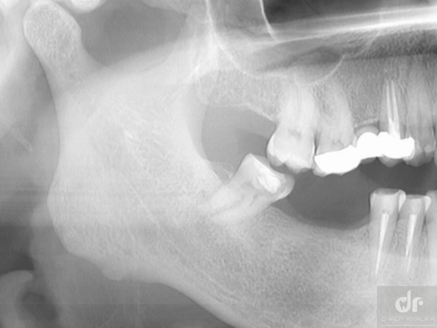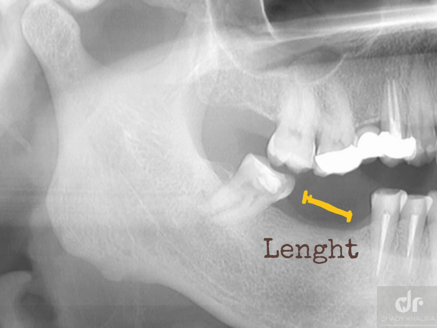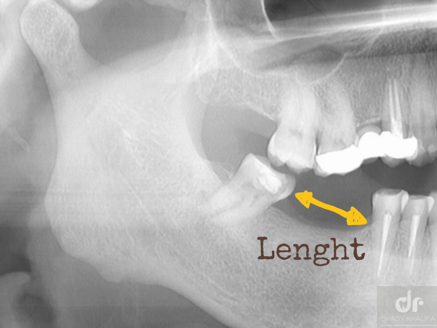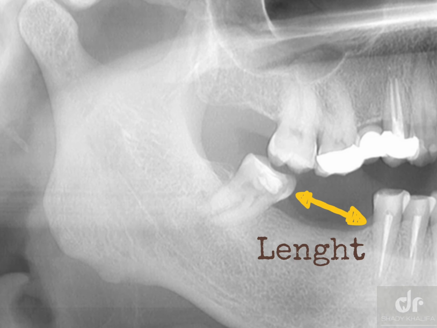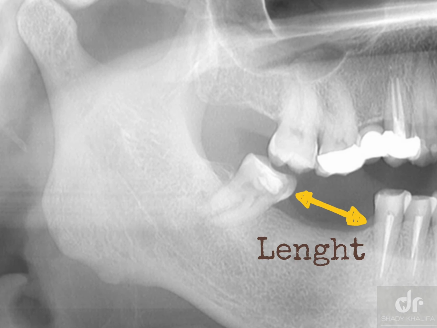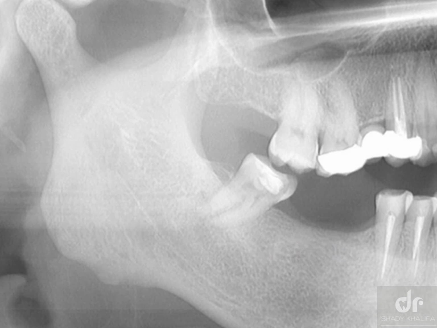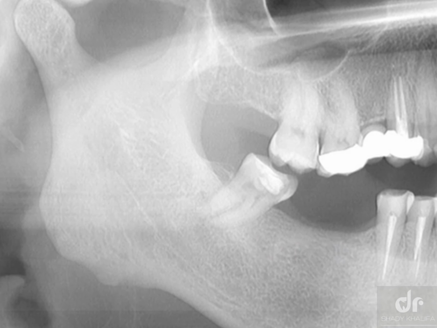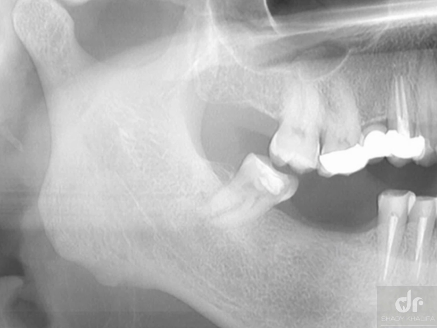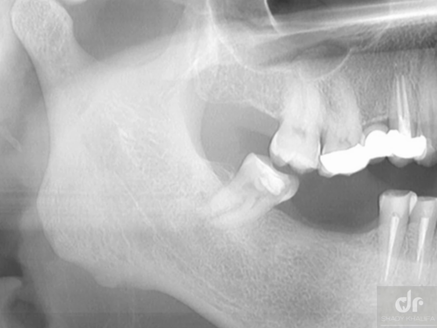And here is the length, the mesiodistal dimension. Actually, we can't see the width here, but in CBCT we can know the width. It's from buccal to lingual, buccolingually.